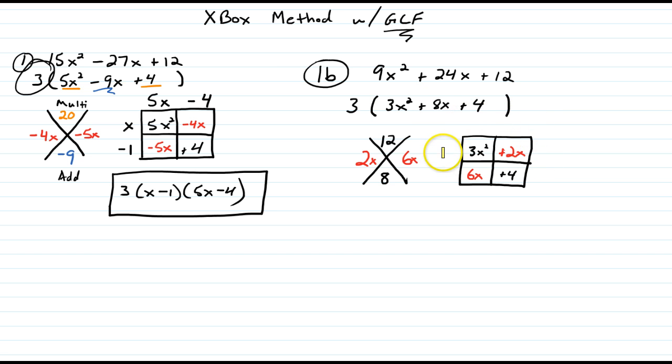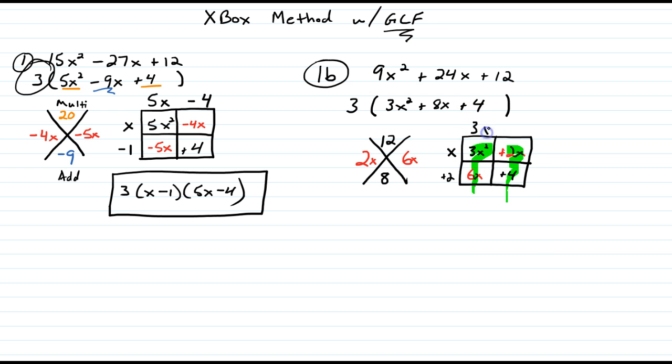Now, take out what you can from the rows. Let's do the rows first. So here they only share an x. Here they share a 2. Now let's do the columns. So what can you take out for both columns? So the 3 can go into 6, so you can take the 3 out.